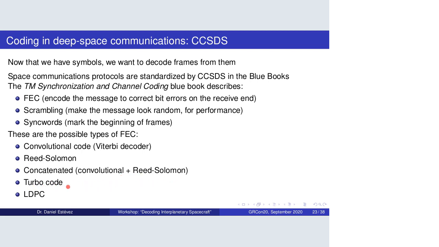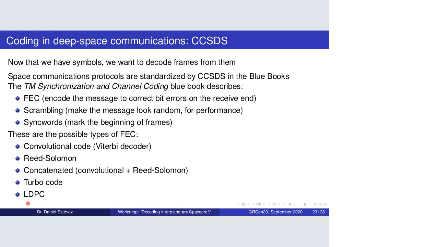There are turbo codes and LDPC codes, and these are state-of-the-art error correction codes, which are able to perform very well with respect to the data transmission theory of Shannon, the Shannon limits and things like that.